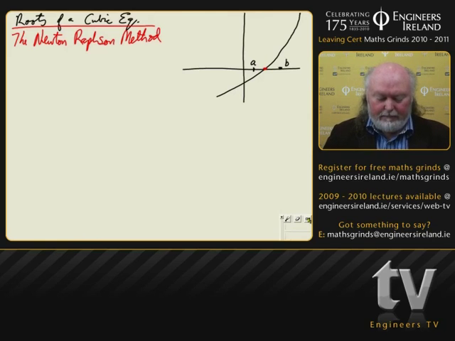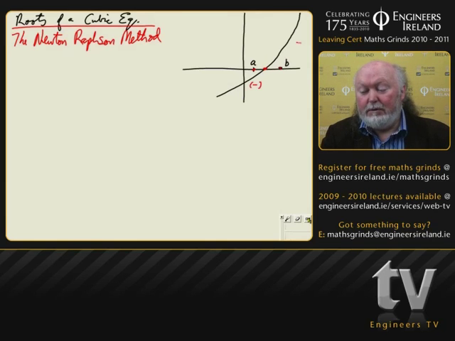So what do we do? Basically, you guess. And the easy thing is you'll know some location where x is a, another one where it's b, and you know the y value has gone from a negative value up to a plus value. Pick this guy as your first guess.